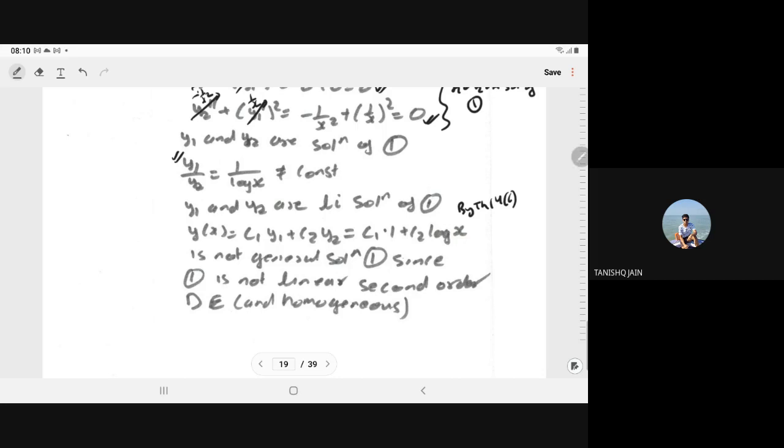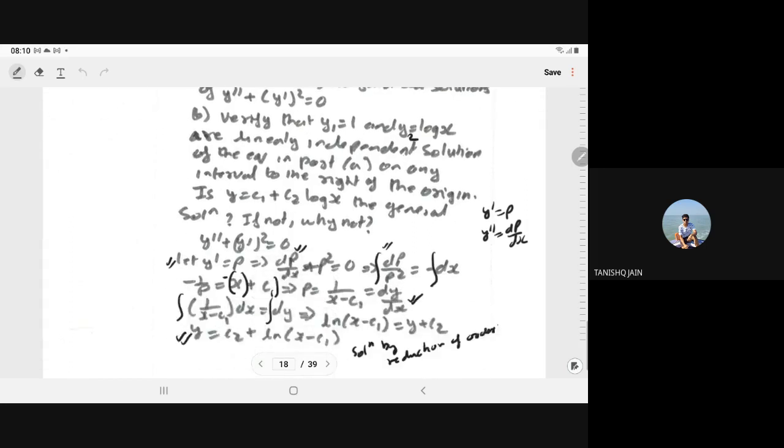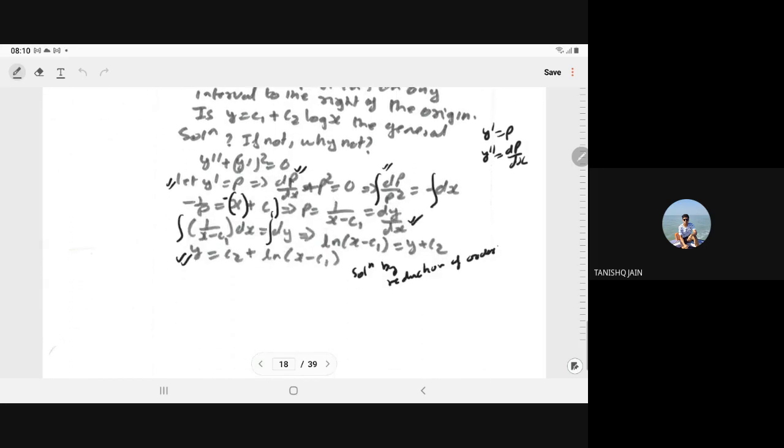Now it is not a general solution. Why not the general solution? By putting values of c1 and c2, you cannot determine the solution we have computed here. That's why that is not a general solution.